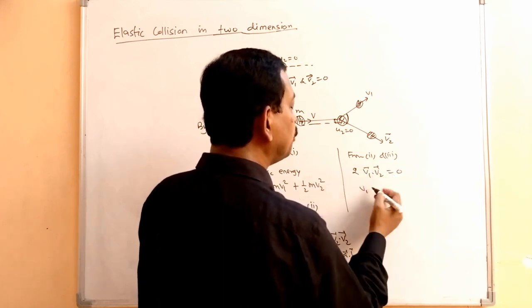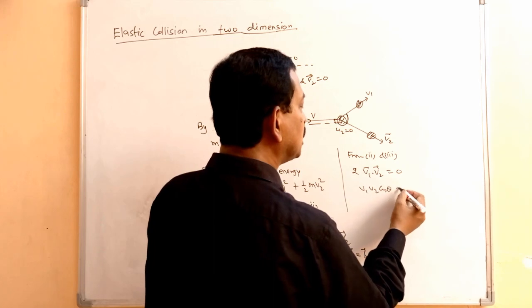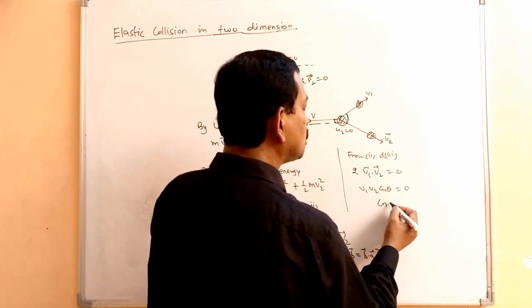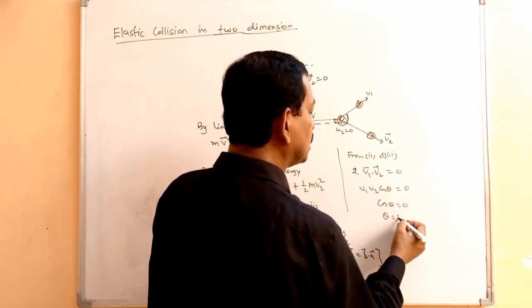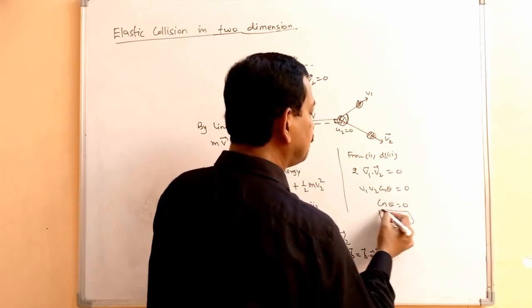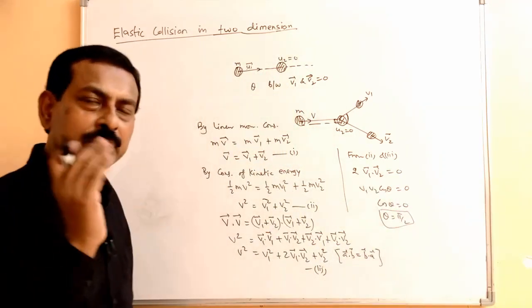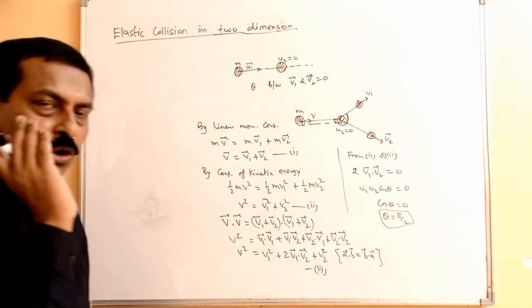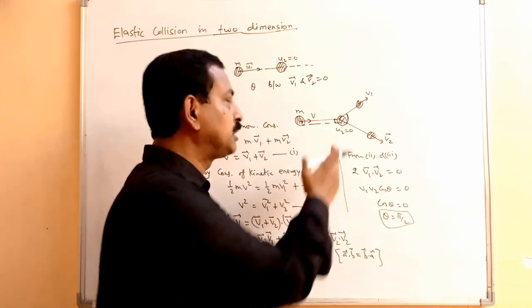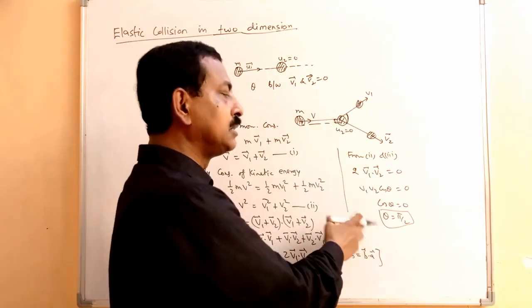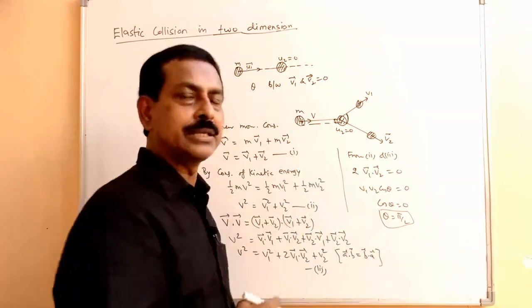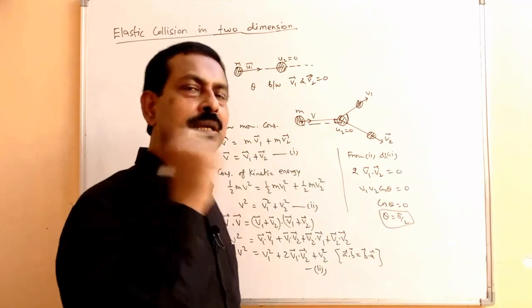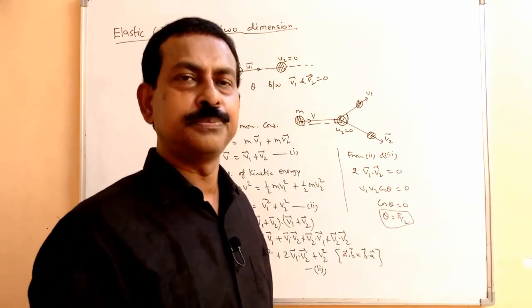So it will give you v1 v2 cos theta 0, cos theta 0, or theta equals to pi by 2. So in this case, if it is an oblique collision, the angle between the velocity of the two bodies after collision will be 90 degree. If it is one dimensional, in that case it will be 0.